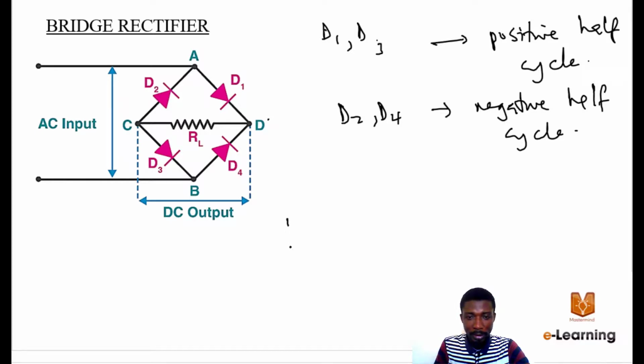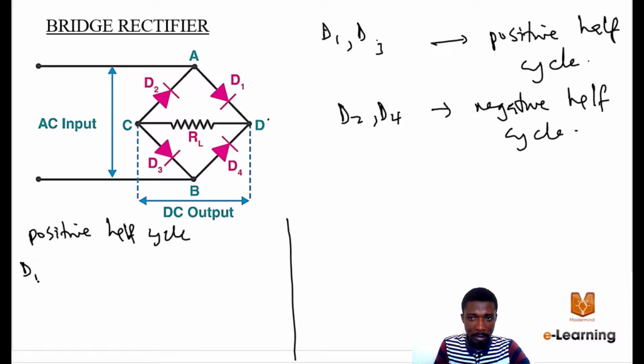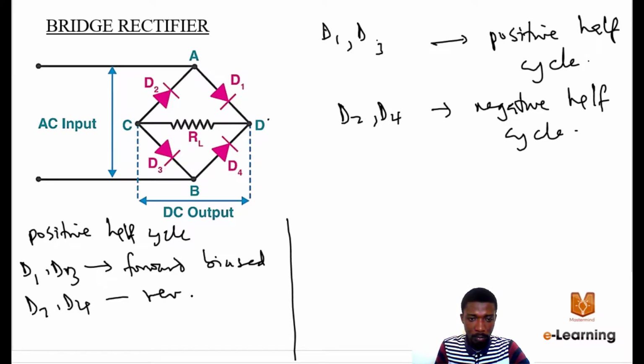So 2 things happen when an AC is applied across the bridge rectifier. During the positive half cycle, D1 and D3 are forward biased, so electric current will flow. Then D2 and D4 will be reverse biased, so electric current will not flow.